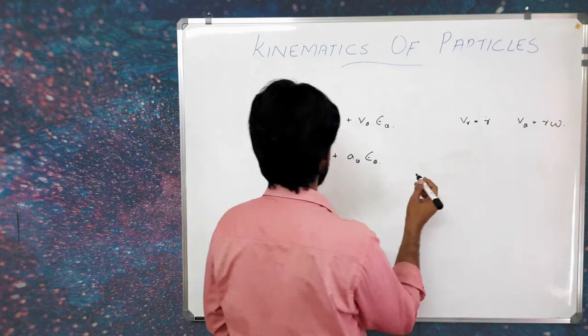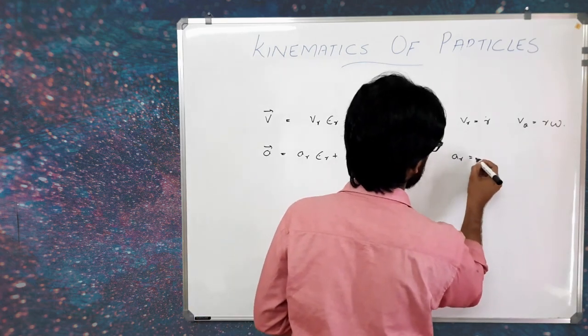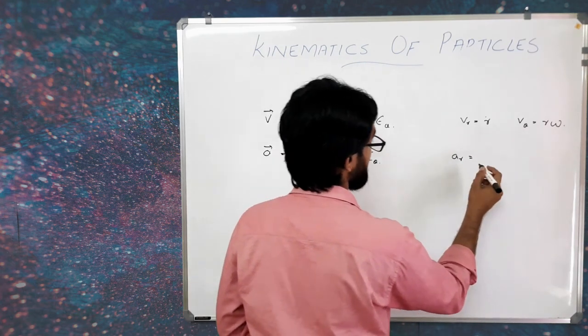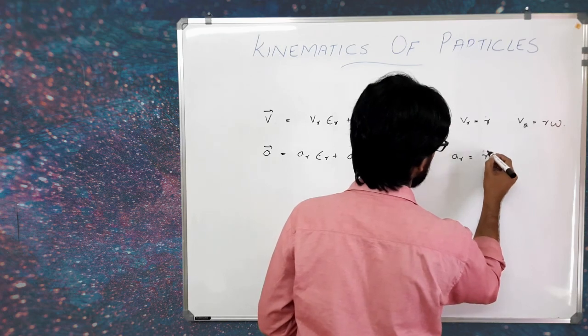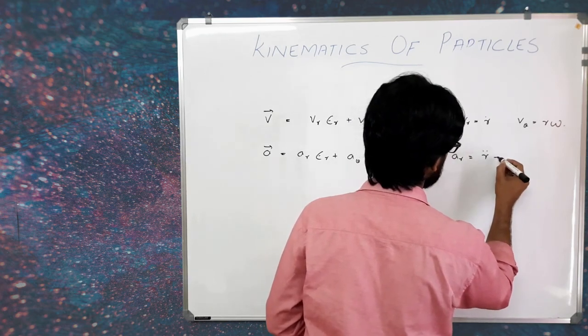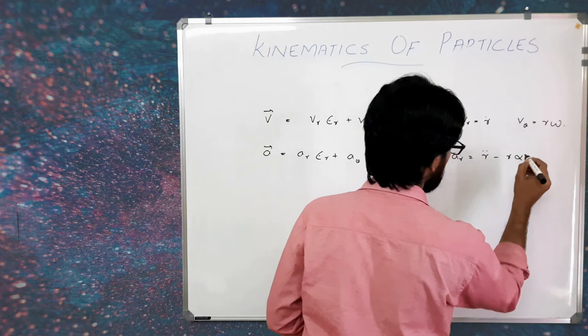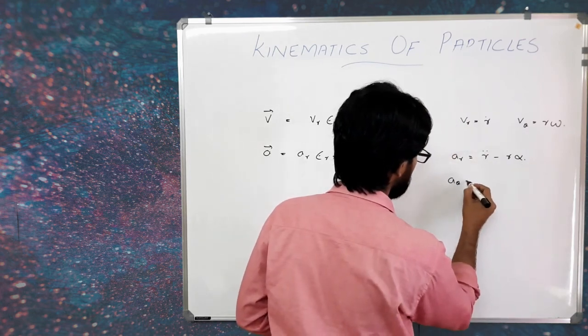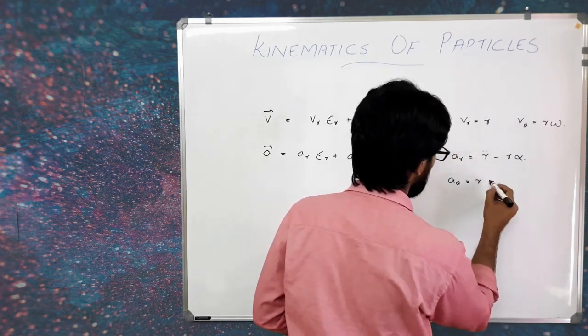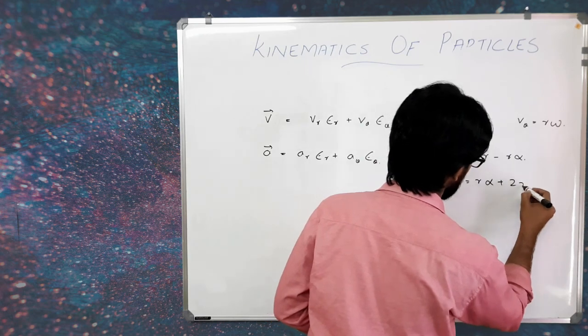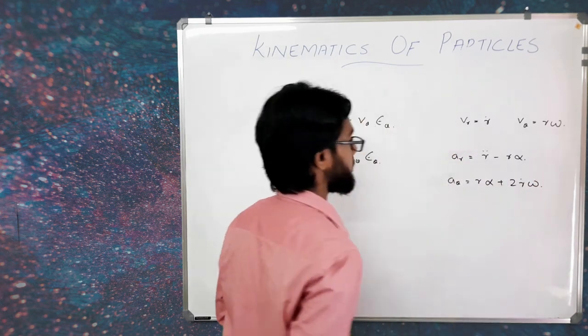Similarly, we can write acceleration in terms of ar and a theta. Ar will be equal to r double dot minus r omega square, and A theta will be equal to r alpha plus 2 r dot omega.